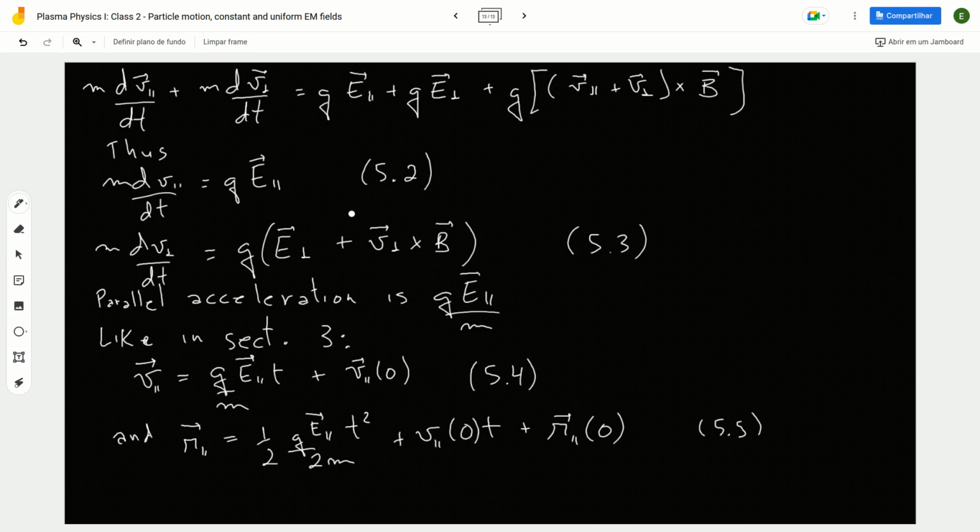To solve 5.3, we'll decompose v perp into two components.